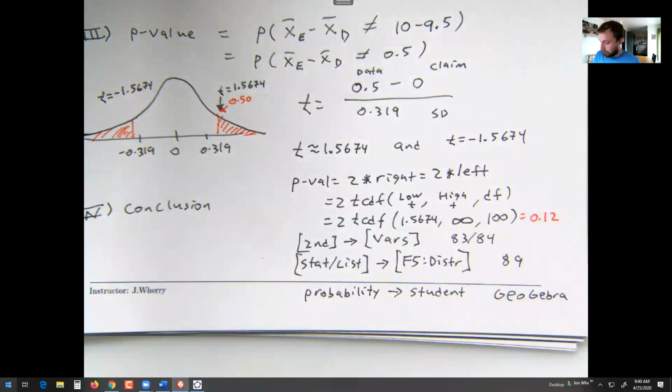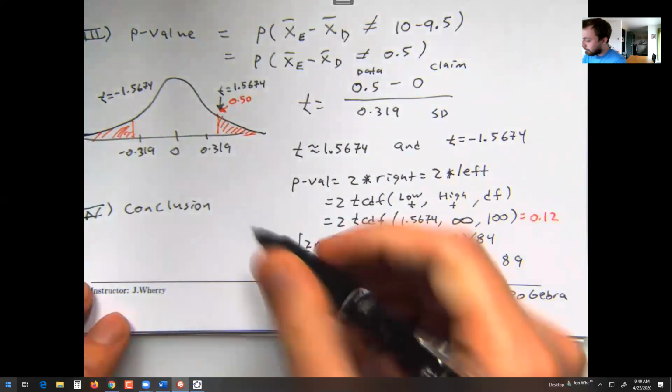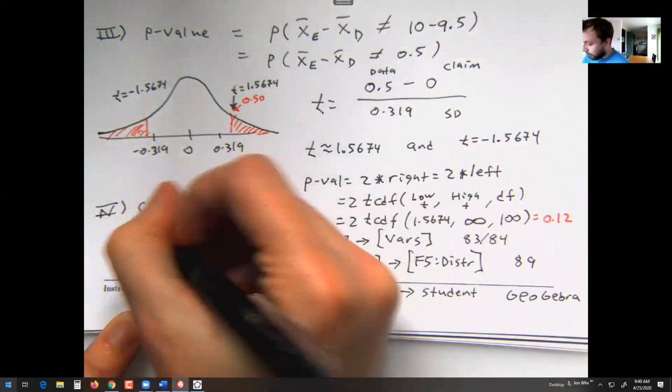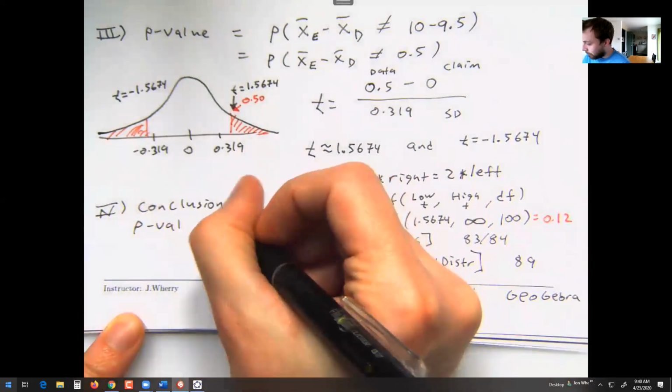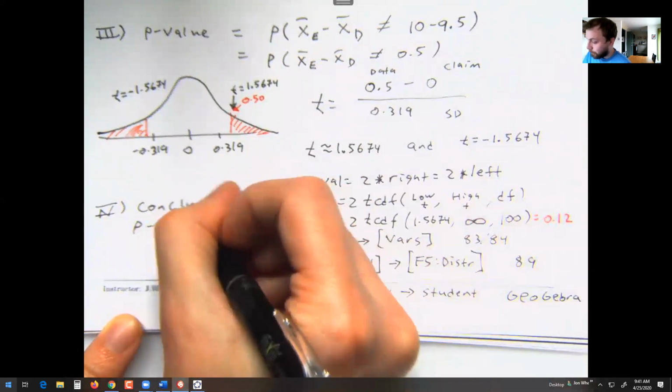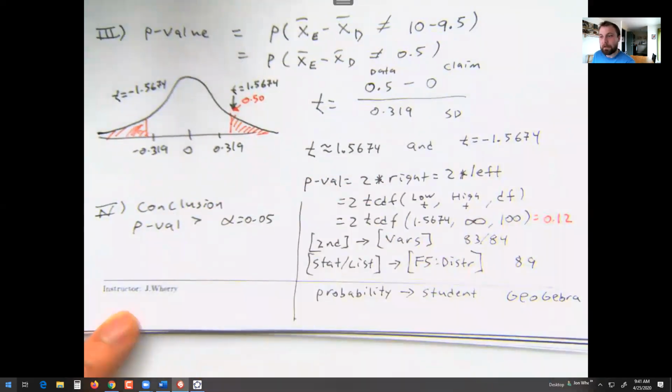I'll show you how to do this in GeoGebra in a second as well, but let's just talk about conclusion before I leave the page here. If your p-value is low, the null must go. At a 5% alpha level, though, I would not say 12% is low. I would say that's high.